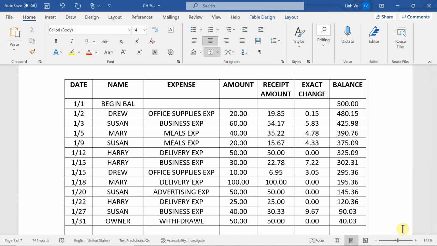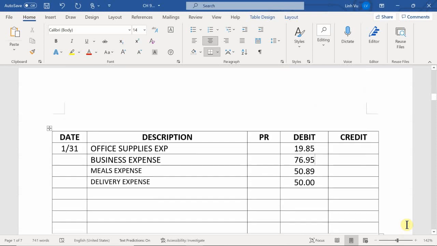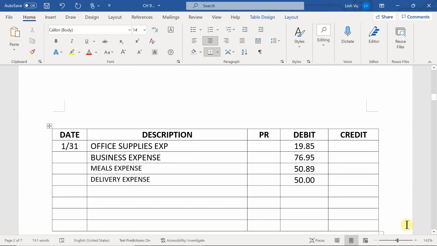Okay, so then we have Drew taking money out to order office supplies for $6.95. Okay, so let's see. We currently have an office supplies expense for $19.85. That becomes $26.80.